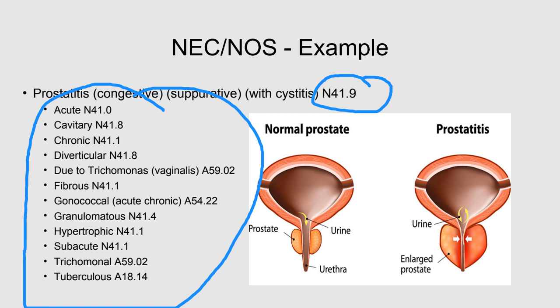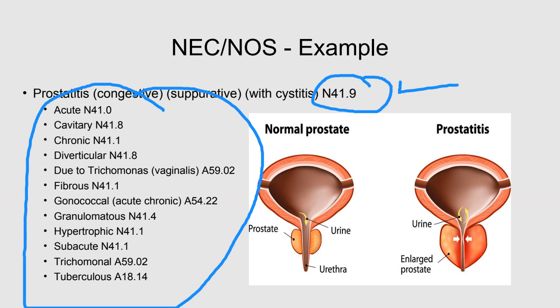But what if the documentation says only prostatitis? In that case, you would use that default code listed up here, because that's all the information you have. You don't have enough information to choose between all the other types, chronic, subacute, tuberculous, whatever. So you have to go to N41.9.